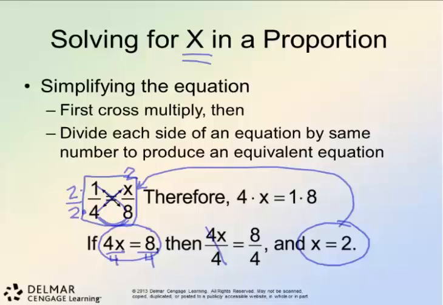Let me give you another one here. If I had 3 is to 5, and when we get to our application problems, that might be 3 milligrams to every 5 milliliters, and the other side might be, well, we don't know how many milligrams are in 17 milliliters.